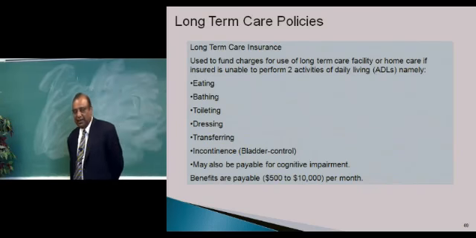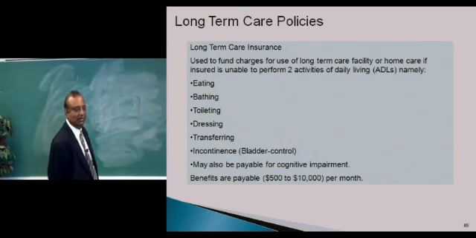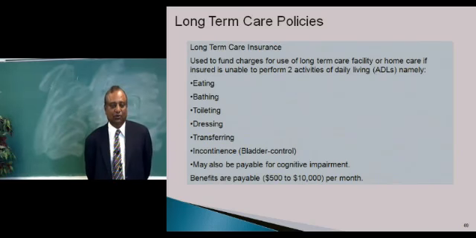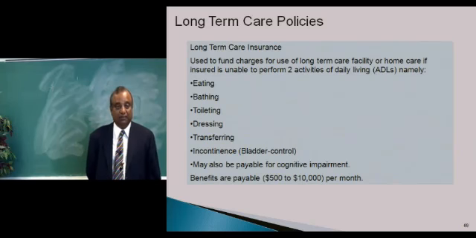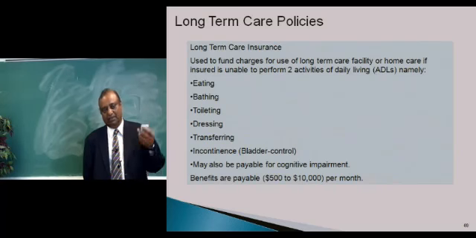Also, if the person has a cognitive impairment, which means loss of reasoning, understanding, recognition, memory loss, the doctor will also say that you go to a long-term care facility. And the insurance policy will pay the benefits. Now remember, for long-term care insurance, there need not be any illness. It can just be by the process of aging.